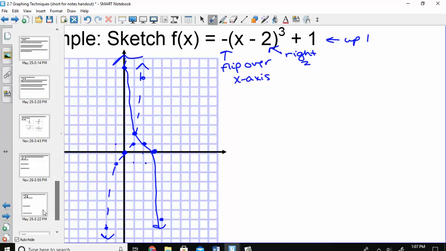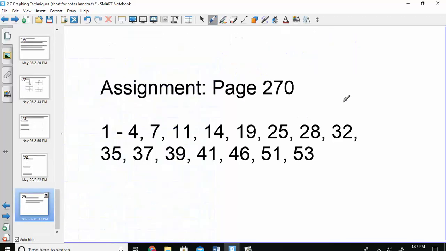As far as the homework, I think I printed this page. So you know how to do most of these already.